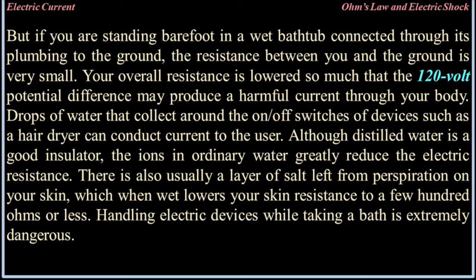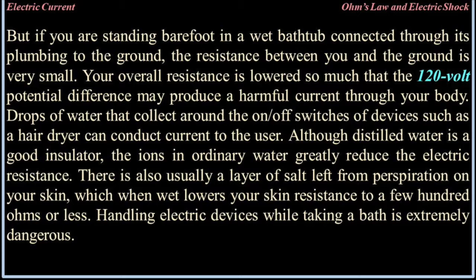Drops of water that collect around the on-off switch of devices such as a hairdryer can conduct current to the user. Although distilled water is a good insulator, the ions in ordinary water greatly reduce the electric resistance.